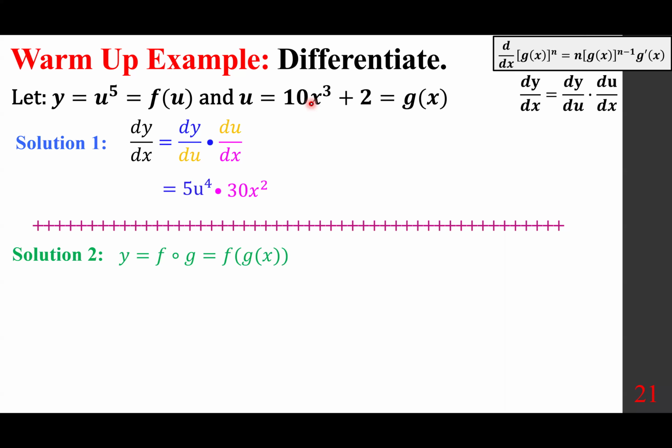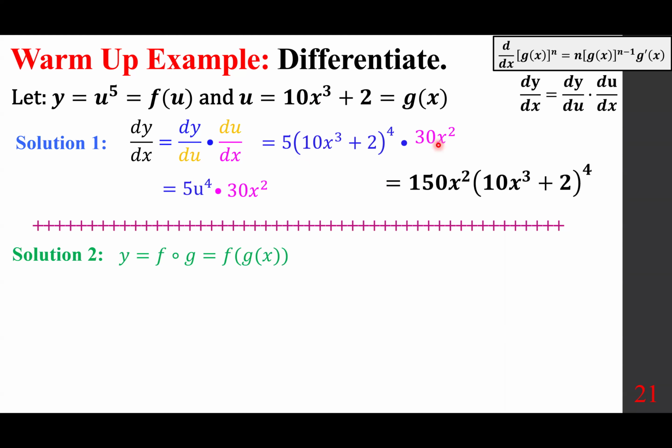And we're done with calculus. We replace the u with 10x cubed plus 2, multiply by 30x squared, and put it in front. We get the final answer, 150x squared times 10x cubed plus 2 to the power of 4.